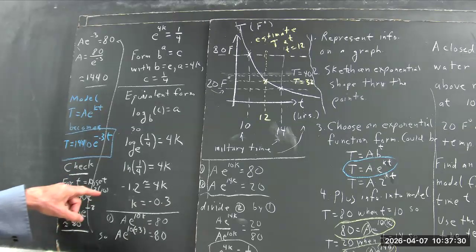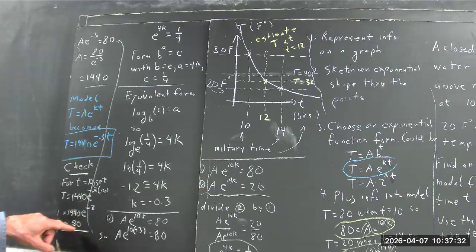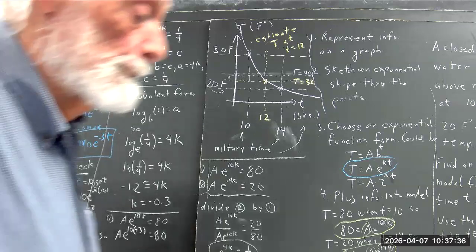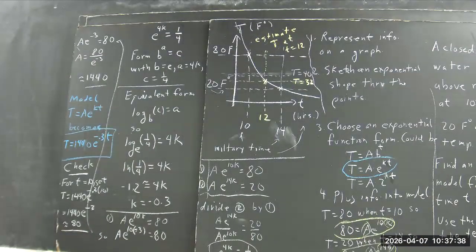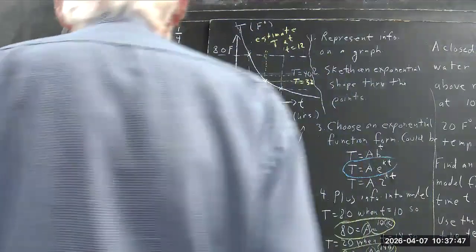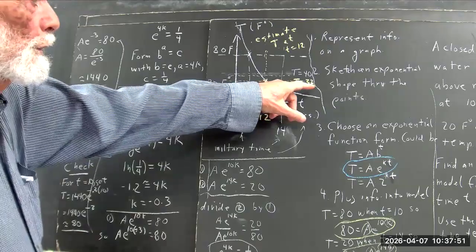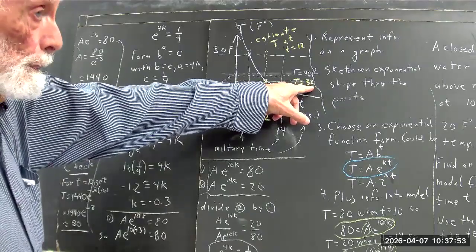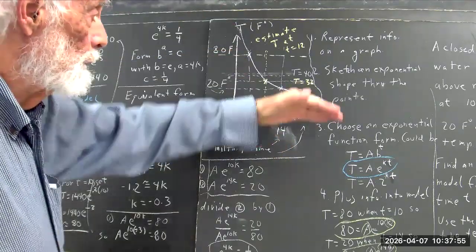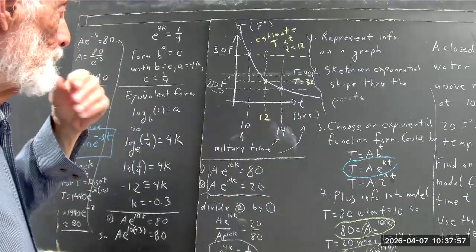If you plug in 10 into your model, you should get something pretty close to 80 if you used a calculator. It also told me that I should have gotten T equals 39 here instead of 32, which means that my exponential curve wasn't particularly good.